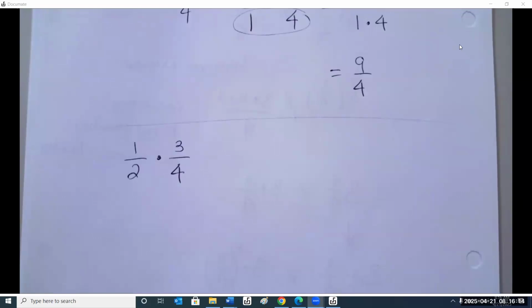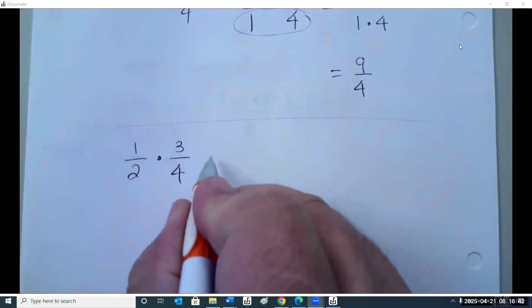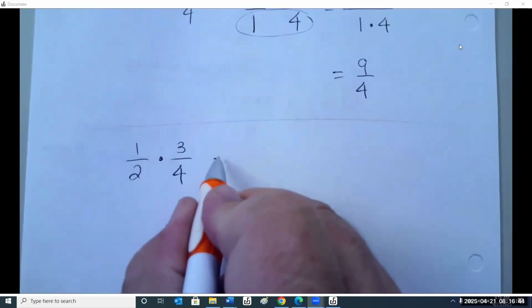How about if we're multiplying fractions like this? How would you introduce that to them? Remember, using manipulatives or pictures. How would you do this? Let's use bars.